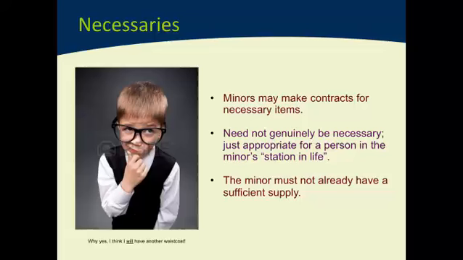Now, the problem with necessary items as a concept is that there's not actually that much in this world that is truly necessary. I mean, once you've got food, water, basic shelter to keep the weather off you, and some sort of basic clothing to meet minimal social standards of modesty, anything beyond that is not really necessary.